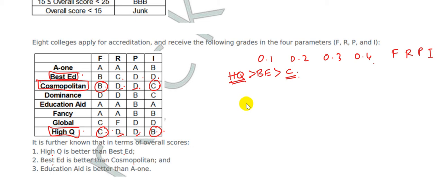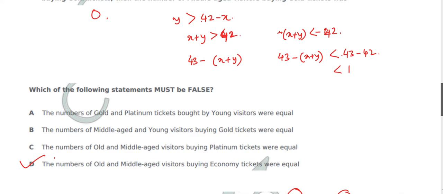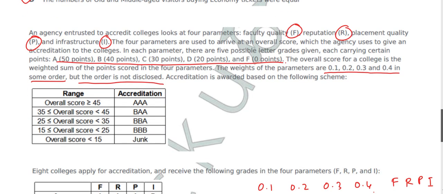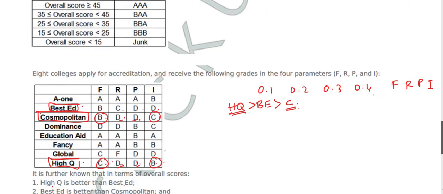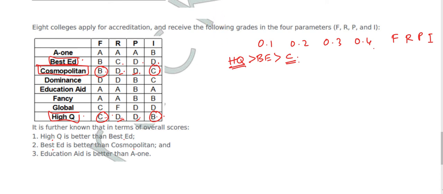So that means for grades you get 50, 40, 30, 20 and 0. So for C it is 30.